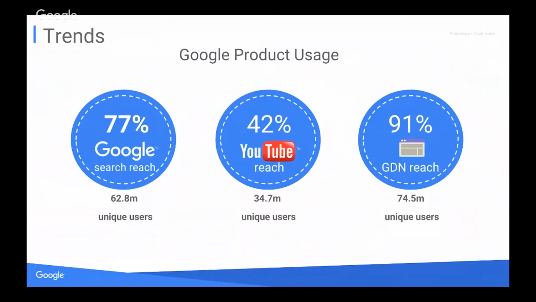Now, the reason this is very advantageous for us is that along with YouTube and the Google Display Network, you can provide a very comprehensive branding campaign where you initially get people to be aware of your product. You can reach about 91% of the internet through this. Then, once you have captured their attention using a branding campaign, you can convert them into customers using the Google Search Network, which hits about 62.8 million unique users.